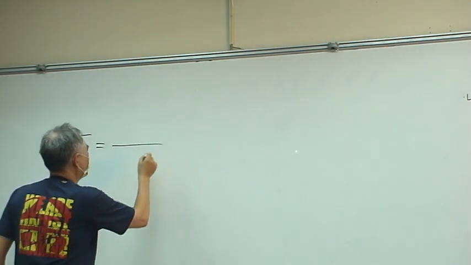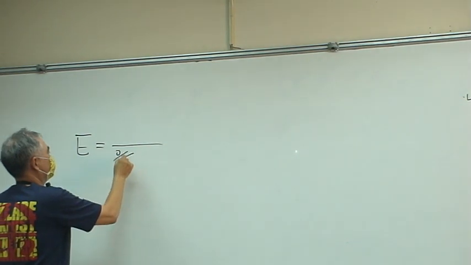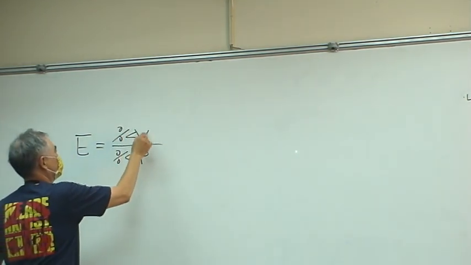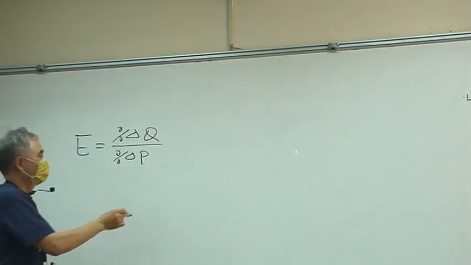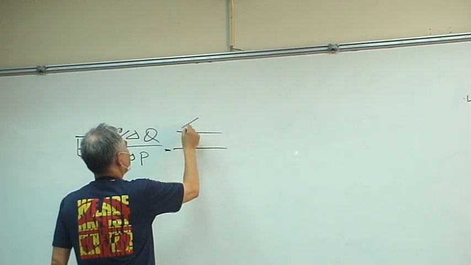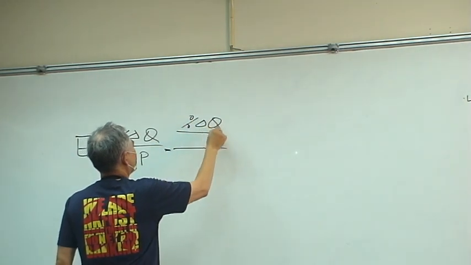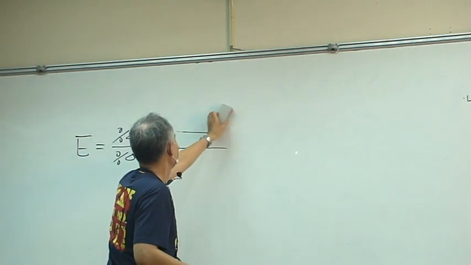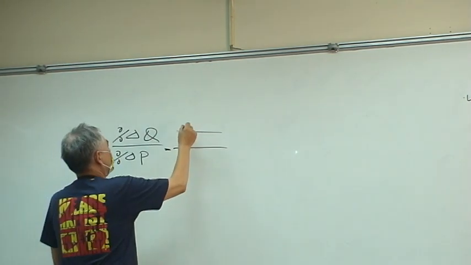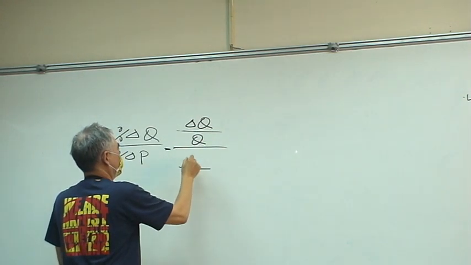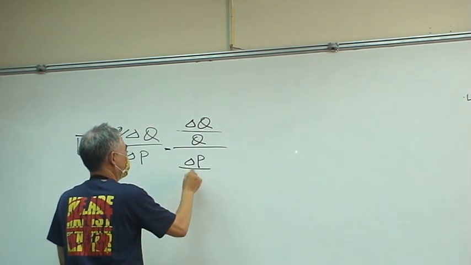So what we want to know is the percentage change in price and how much change in quantity. This is percentage change in quantity: change in quantity divided by quantity, and change in price divided by price.